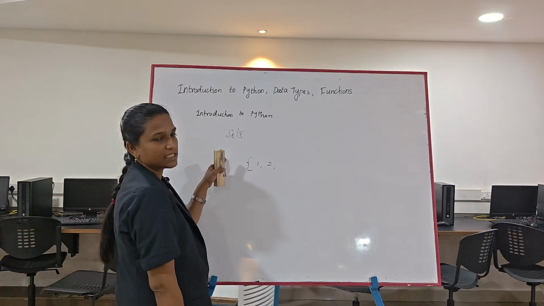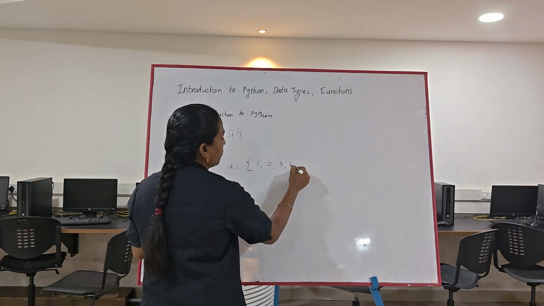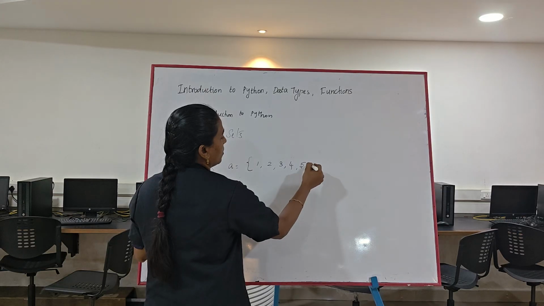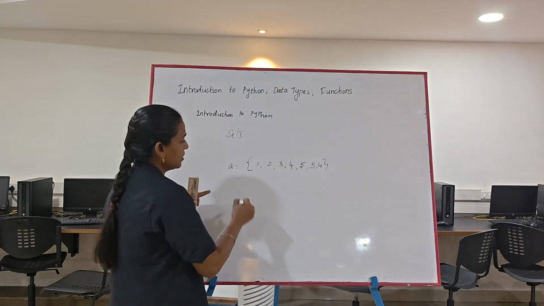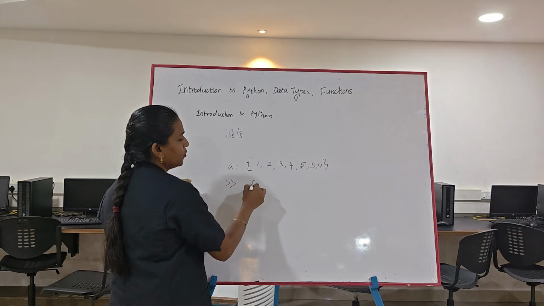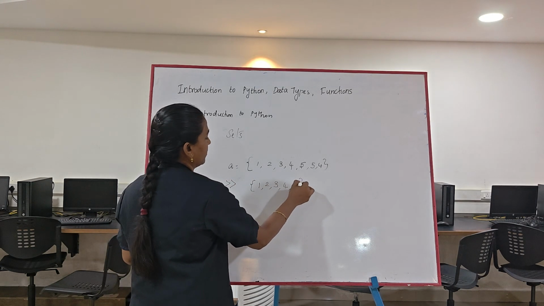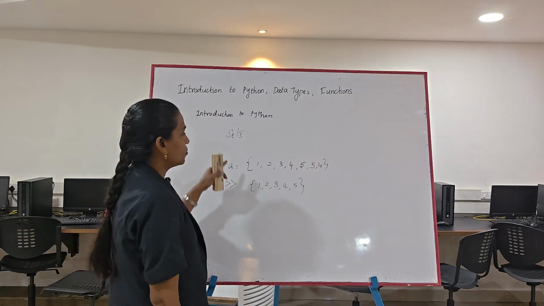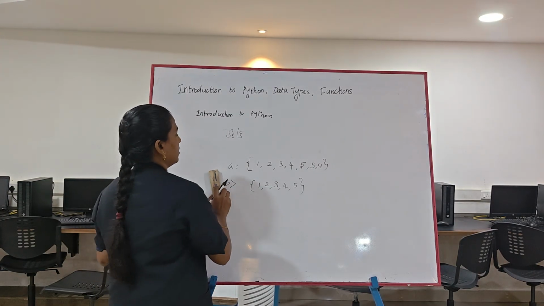That one we will call sets. I have given a set example, 3, 4, 5 and 5, 4. If I give it like this, it will remove the duplicate values. That means 1, 2, 3, 4, 5. It will give like this. So a set removes the duplicate values.